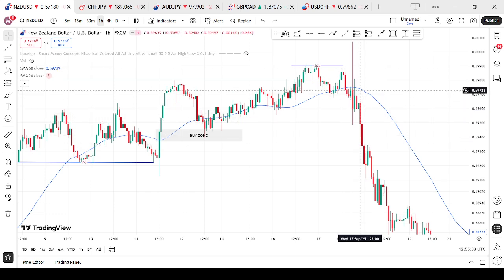So how do you identify liquidity sweep? Where do you find liquidity? Liquidity is around a resistance area or a support area. It is above your resistance and below your support. That's where you can find liquidity. If you are trading a sell, your stop loss should be above your resistance.